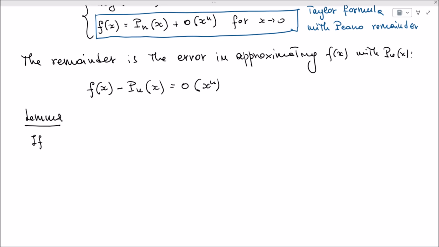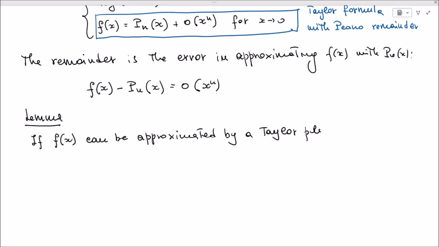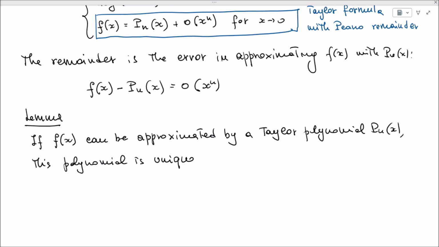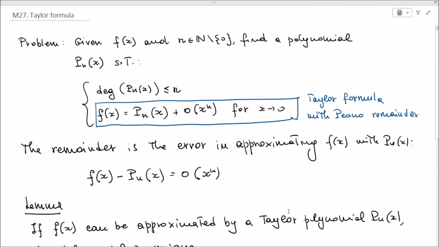If f of x can be approximated by a Taylor polynomial Pn of x, this polynomial is unique.